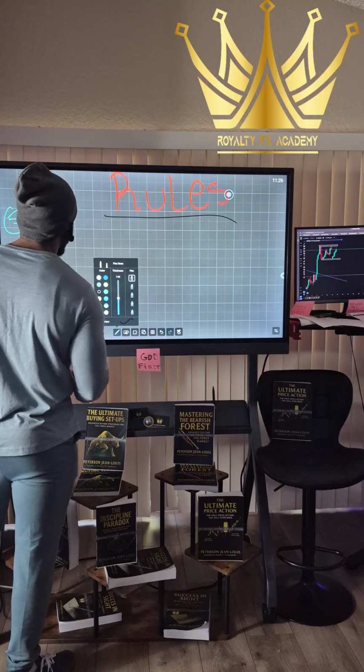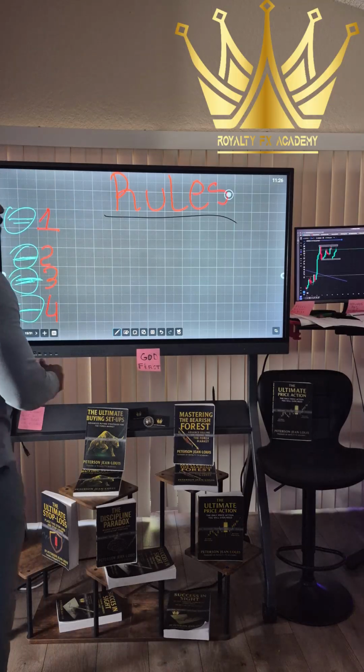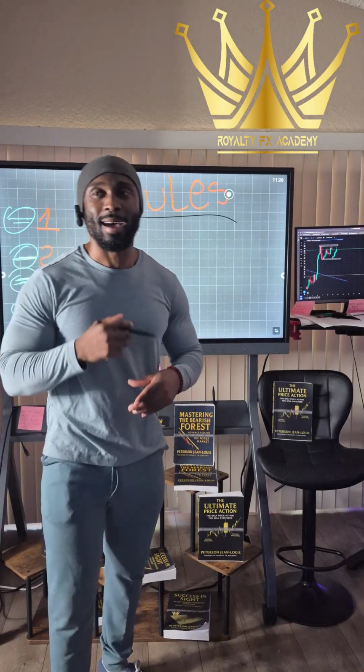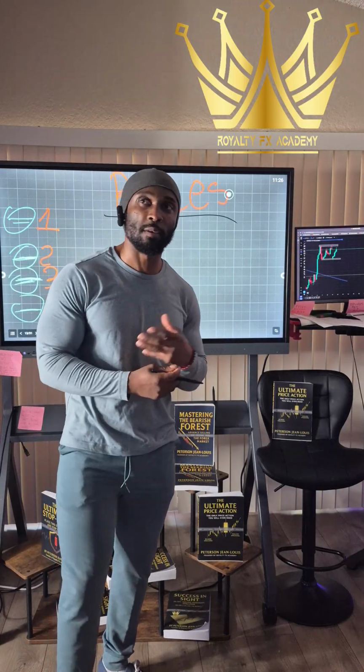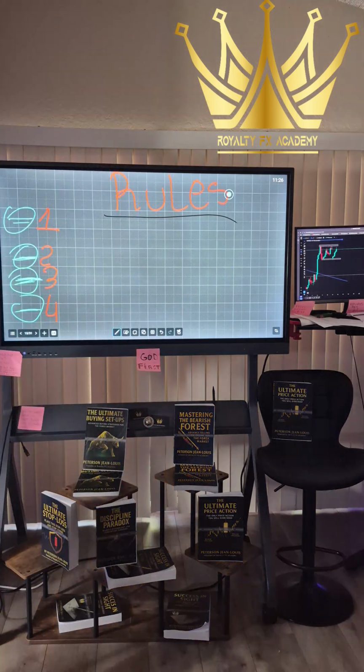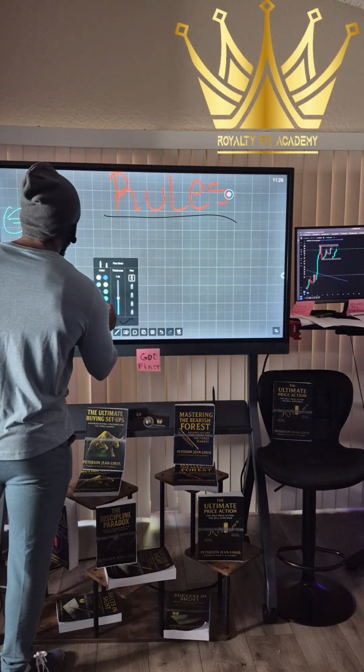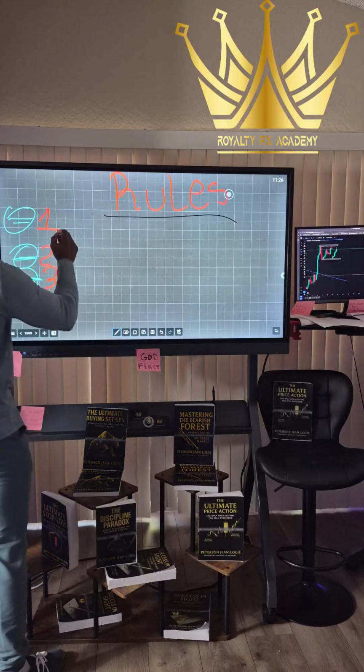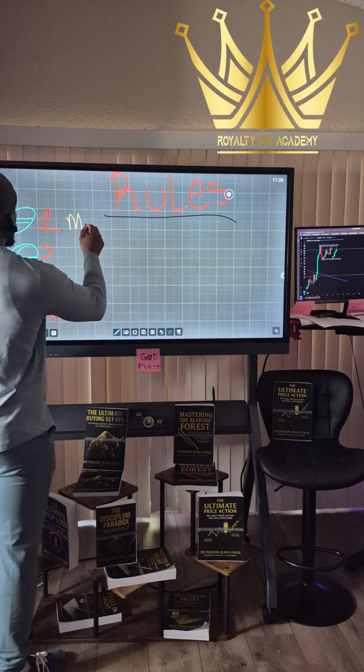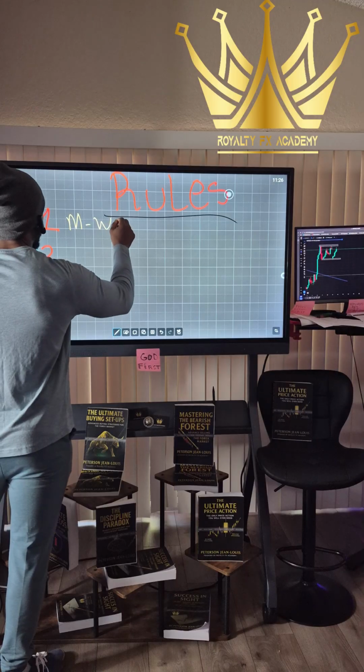Rule number one is basically technical analysis. What time frame are we using to identify our setup, meaning the buy setup and the sell setup? We will always use our highest possible time frames, such as the monthly, then the weekly, and lastly the daily.